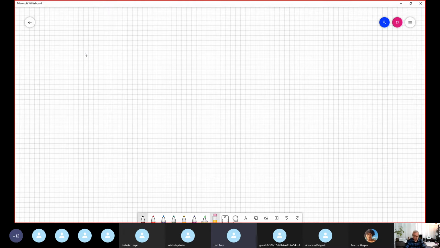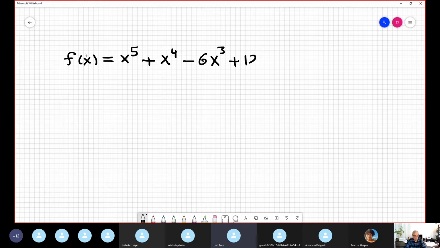Suppose f of x equals x to the 5th power plus x to the 4th power minus 6 x to the 3rd power, plus 12 x squared minus 40 x. Don't be scared when the number is big, we use a calculator, of course, plus 32.